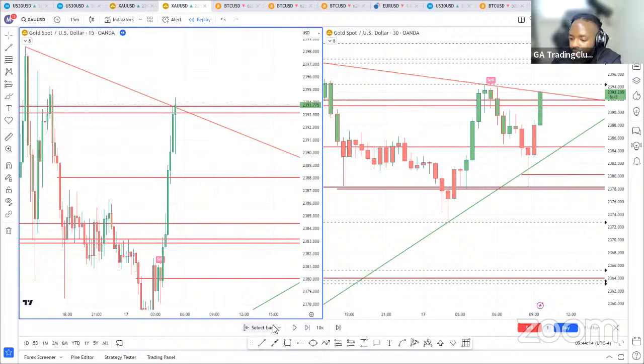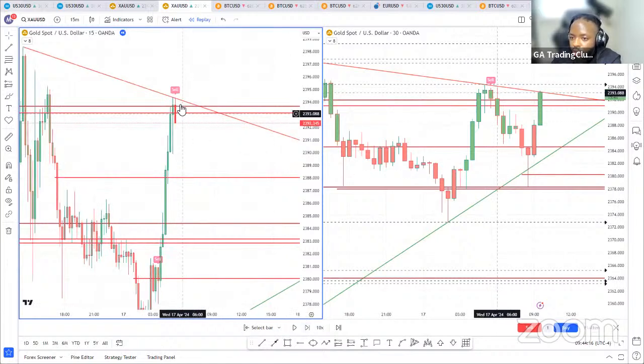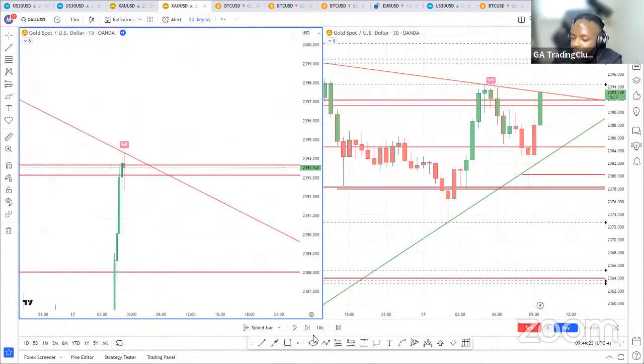For example, yesterday on gold, you want to see a candle reject from this trend line and close below the SAR. Once it does that, you want to anticipate price to come back up to the SAR. At that point, you can set a pending order. So you want to wait for price to come back there, and this is what you want to anticipate.